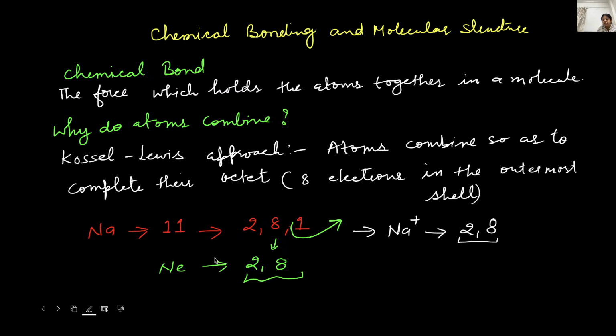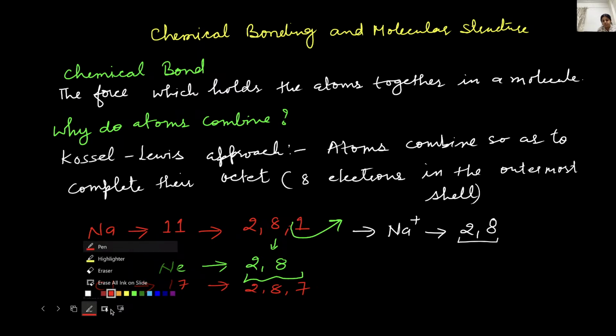Now take another example, like chlorine. Chlorine has atomic number 17. Now the electronic configuration of chlorine will be, students, 2, 8, 7, isn't it? It needs one more electron to get the stable inert gas configuration nearest to chlorine atom, which is argon.